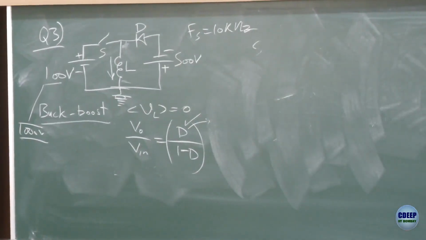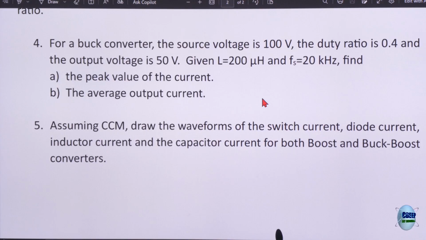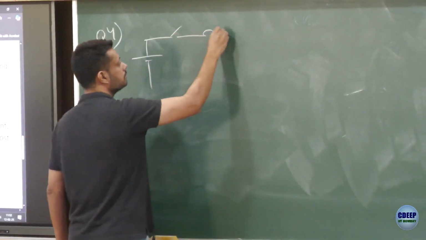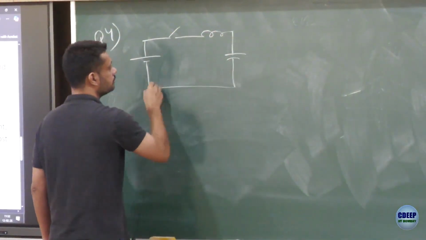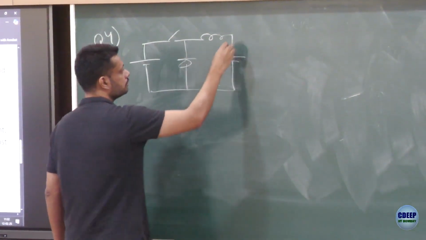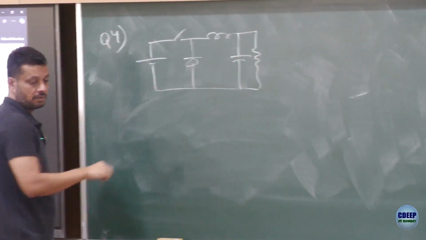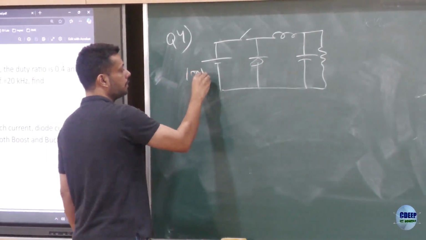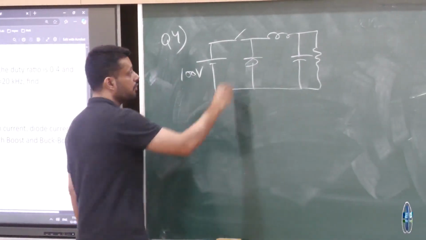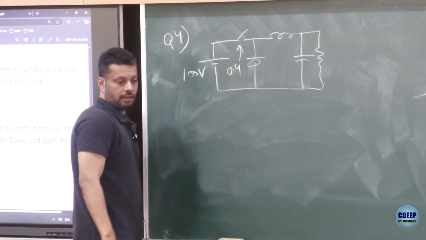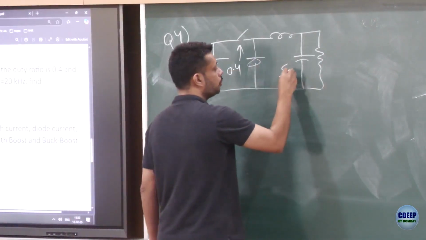Why don't you read question number 4? A buck converter, again a buck converter, with a source voltage of 100 volt, duty ratio of 0.4 and the output voltage is 50 volt.